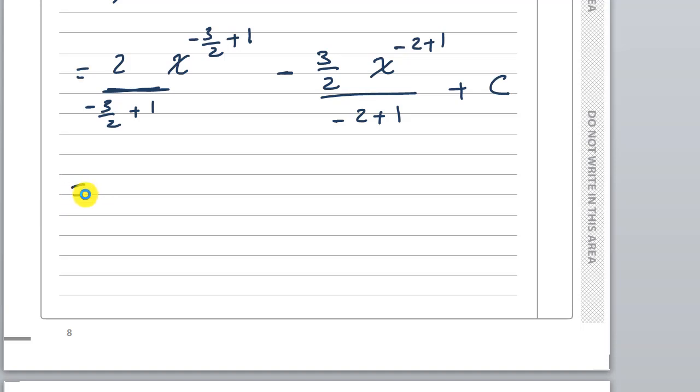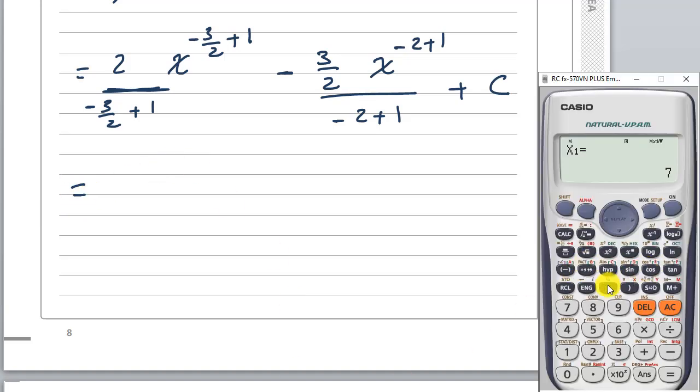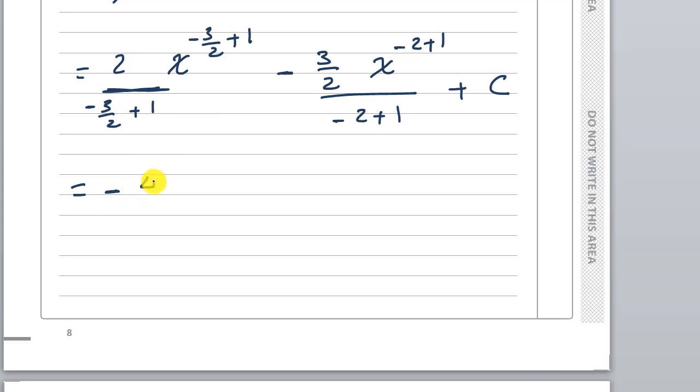So it's equal to, let us find this value, minus 4 times x to the minus half, plus, here minus 2 plus 1 equal to minus 1, so plus 3 over 2 x to the minus 1, plus c.